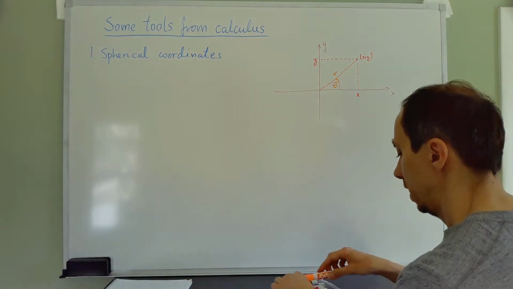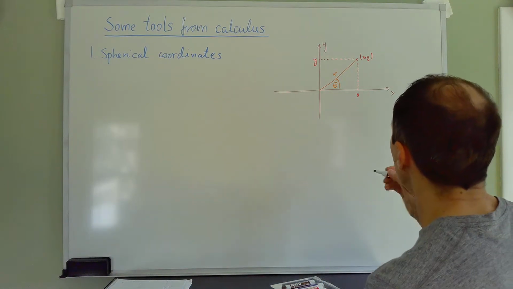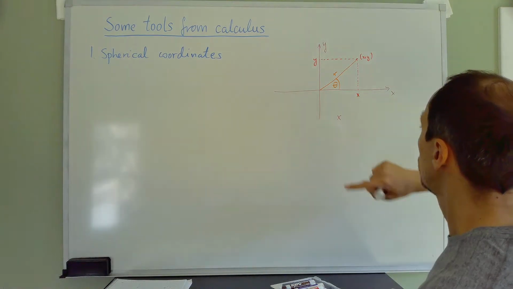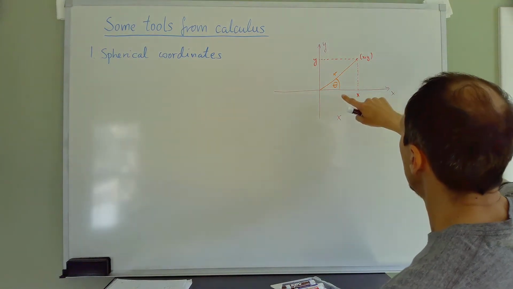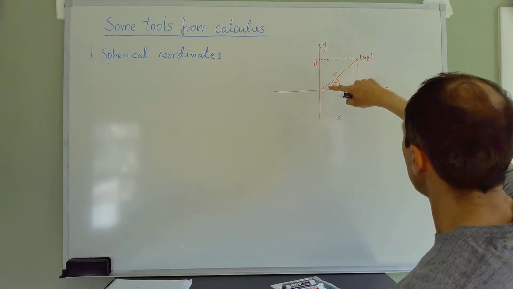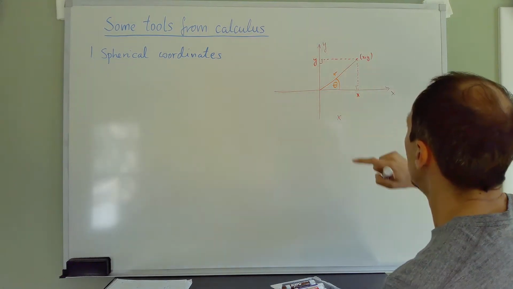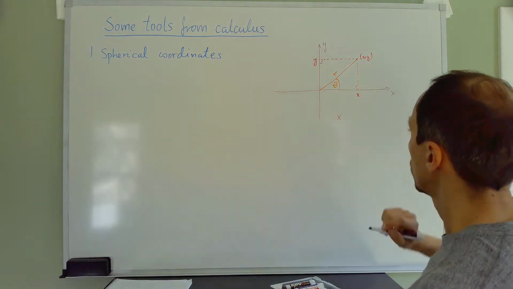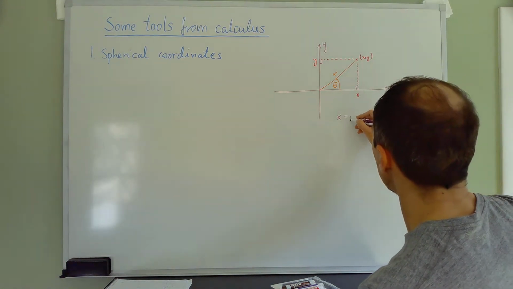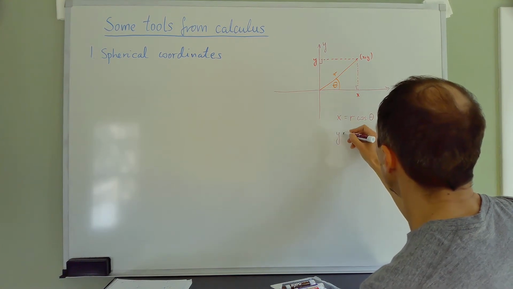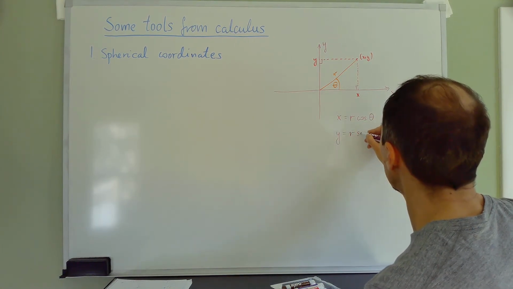And the standard formulas for these coordinates are, well, you can sort of see that you can use trigonometric functions. This is of course a right triangle here, so x divided by r is cosine theta, so x is equal to r cosine theta, and y is equal to r sine theta.